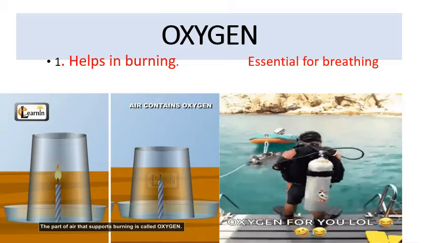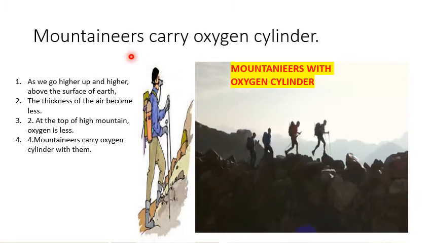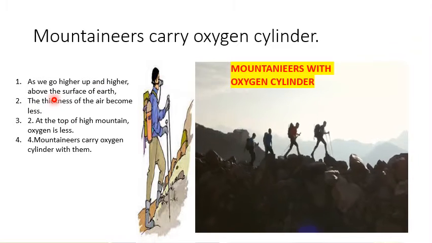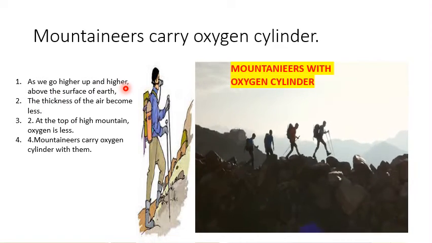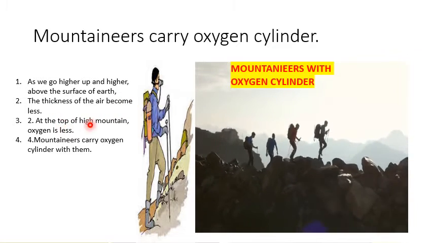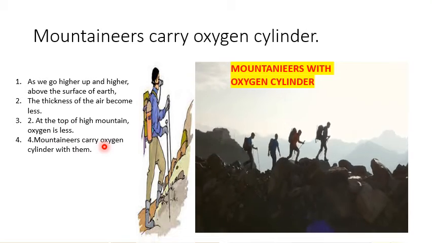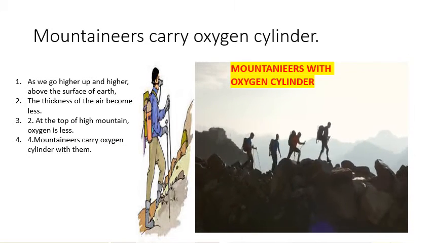As we go higher above the surface of the earth, the thickness of the air becomes less. At the top of a high mountain, oxygen is less. So that's why mountaineers carry oxygen cylinders with them.